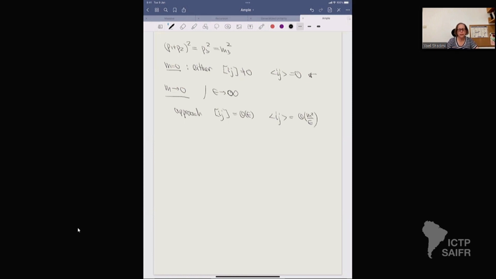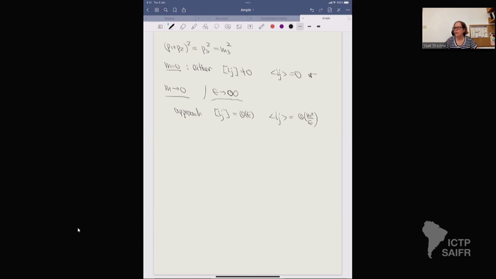So in this sense, we can talk about the high energy limit of E going to infinity, even though we're talking about a 3-point. We're taking our momenta complex, and so we can do this.